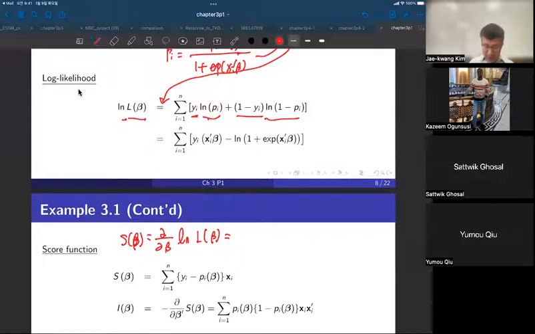So if you do that, this is the sum from i equal to 1 to n of y_i x_i minus exp(x_i' beta) over 1 plus exp(x_i' beta) times x_i.